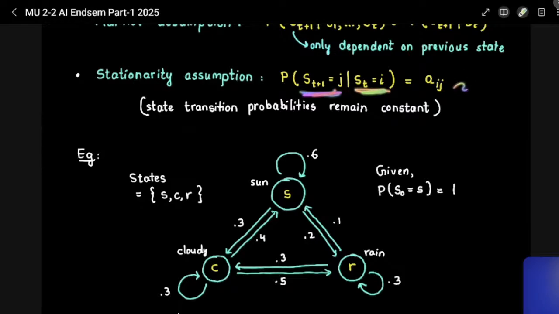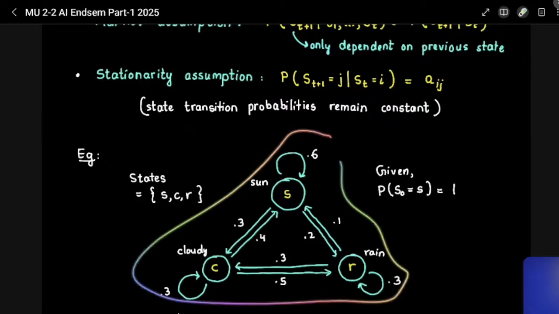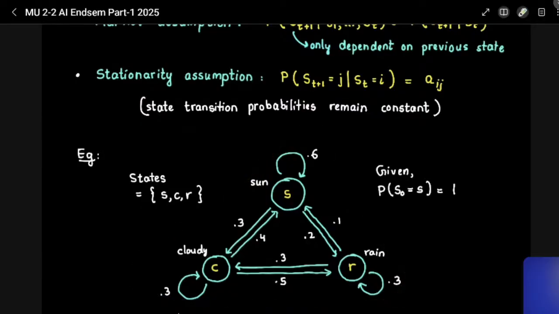The probability is a constant aij. There will be a matrix where all the transition probabilities can be mentioned, or you can display it this way as well. So aij means transitioning from state i to state j. What is the probability? So sunny to sunny, the probability is 0.6.